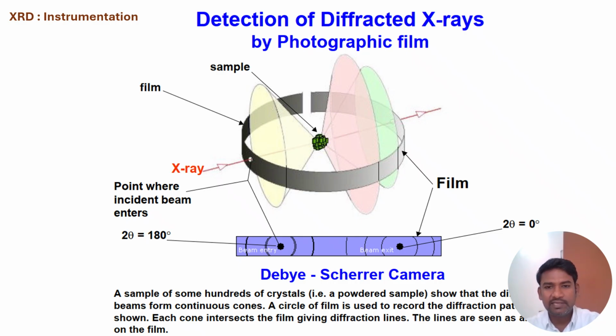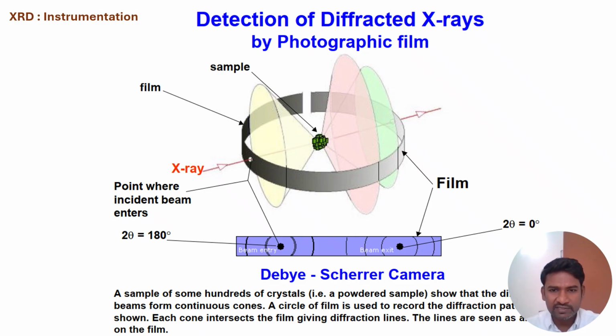That is the key aspect in the instrumentation. This is the point where the incident beam enters. Through this small slit, the X-ray passes and hits the sample, and then it gets diffracted, and the diffracted X-ray will be recorded using the photographic film.